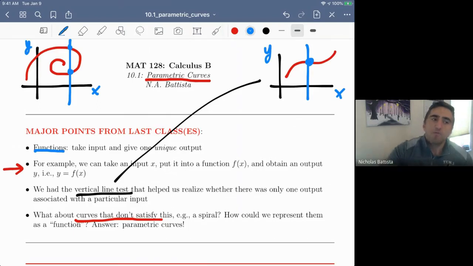So this spiral would not be a function in the traditional sense, an input x associated with one unique output y. But we're going to figure out how to mathematically represent this curve using what are called parametric equations.